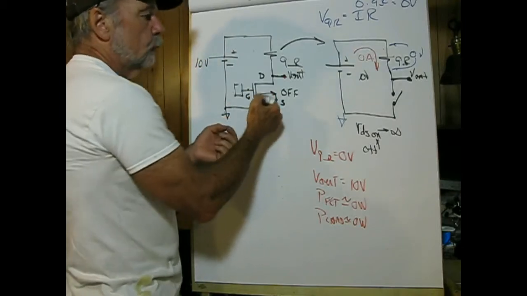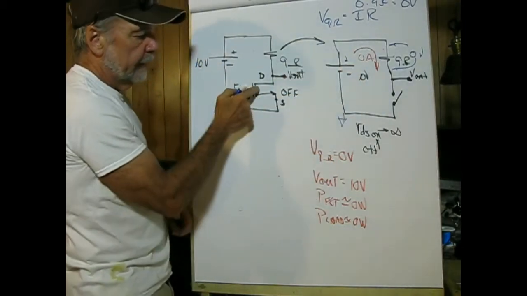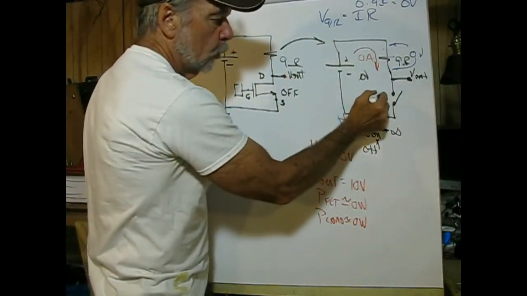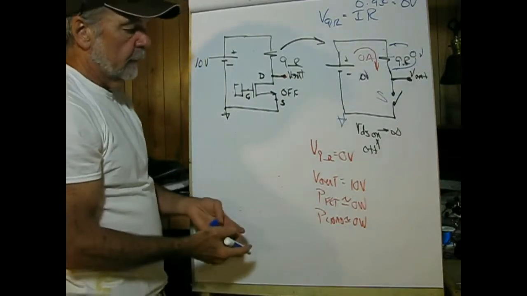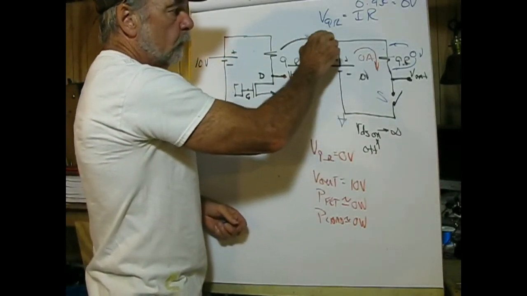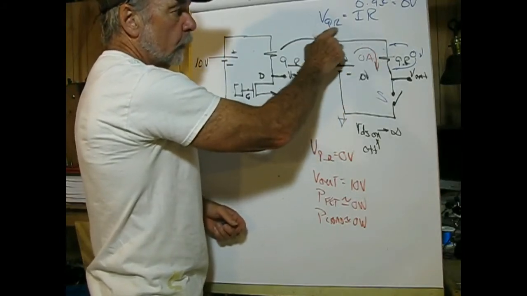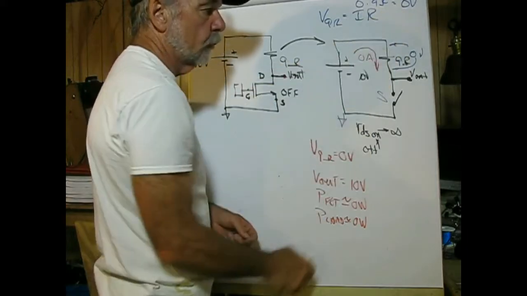Drawing the equivalent circuit of that, again I have a simple series circuit, and now for the off transistor I'm going to substitute in a switch which is open. So what I can say is, since the current flow is 0 amperes and the voltage across the 9 ohm resistor is 0 times 9 ohms, I'm going to have 0 volts.